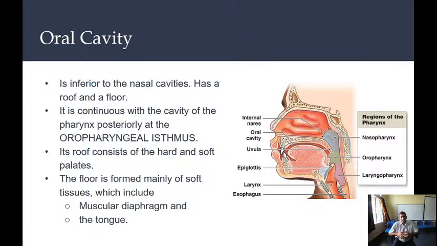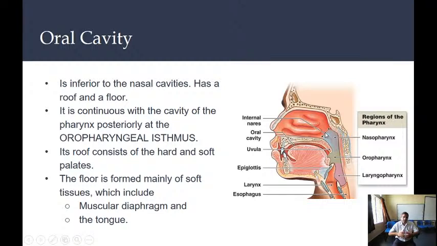Now, this oral cavity, any cavity for that matter, has a roof, and a floor, and it has an anterior end, a posterior end, and then you have these lateral walls.